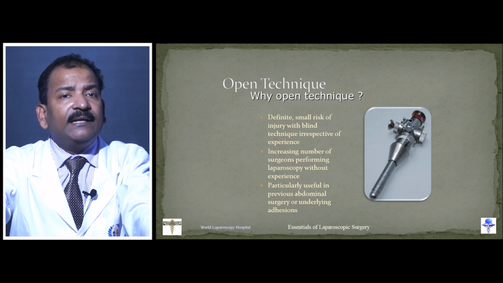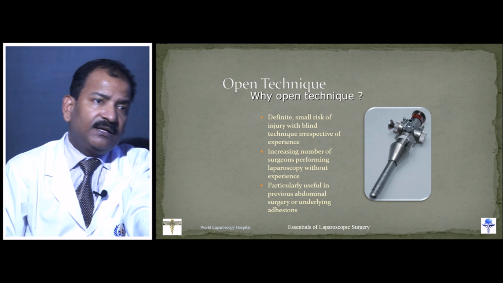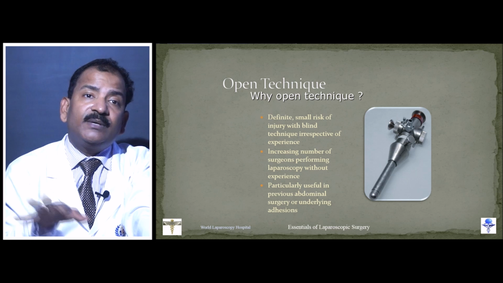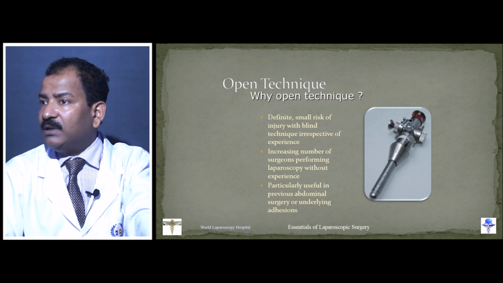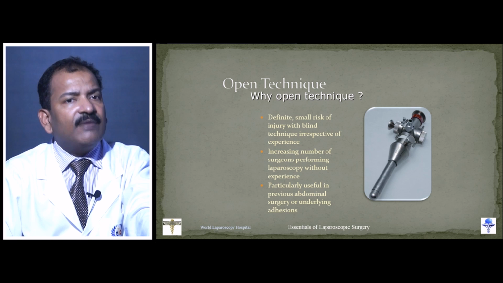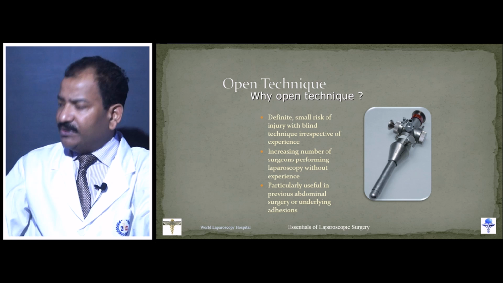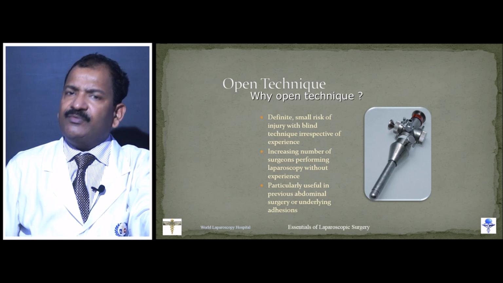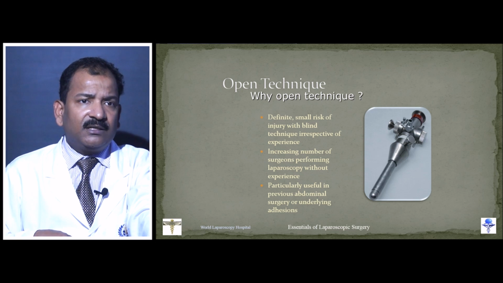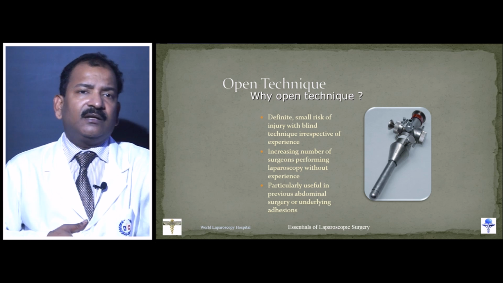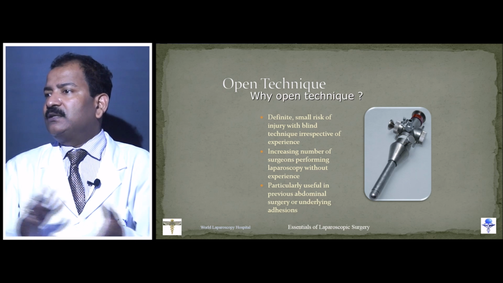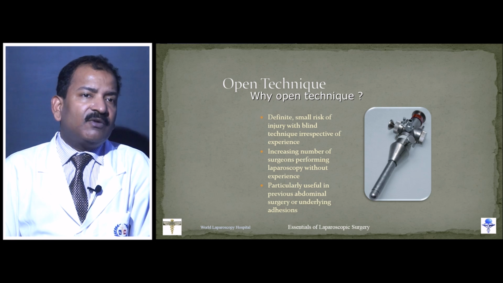Because blind is blind. In the Veress needle technique, we are assuming that there should not be any adhesion, but it may not be true. The patient might have had typhoid fever at 3 years of age, severe gastroenteritis that was just about to perforate, but it was sealed and adhered with the umbilicus, and a 3-year-old child never remembers what happened.